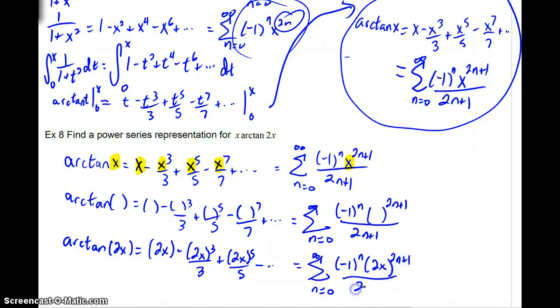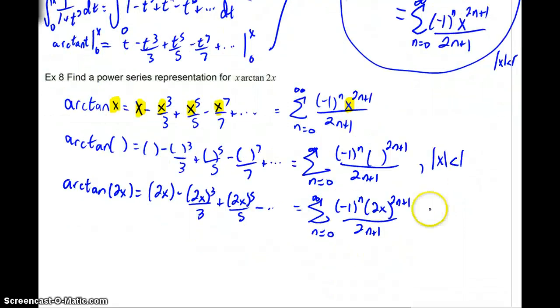Now, by the way, what I really wanted to point out from up above is that this is going to be arctangent being true, converging for the absolute value of x less than 1. We're seeing that this is true just as well, but as we make this substitution, we now have 2x less than 1.